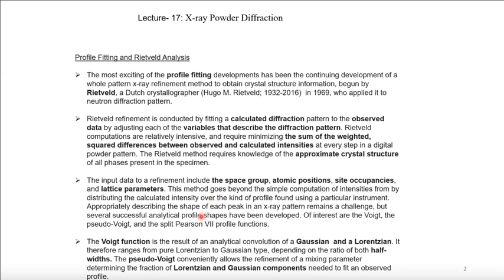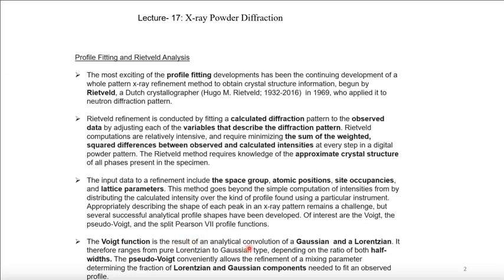People are doing this analysis for many crystalline materials, and also using this method to find the mixture of phases, and the percentage of those compounds in the mixtures can also be obtained by this refinement.